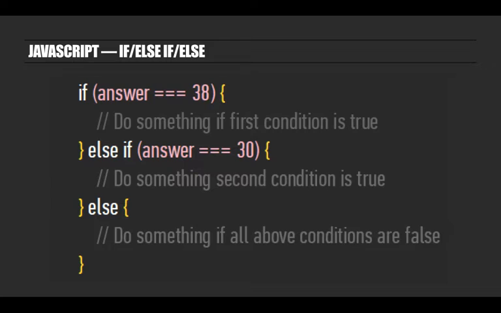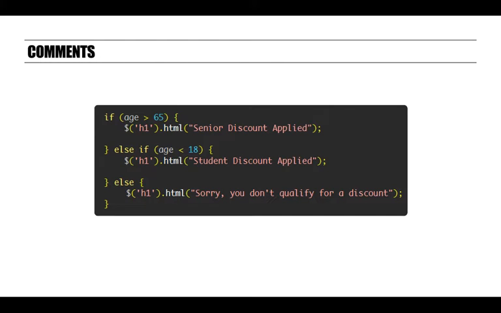So this is going to be your catch-all if these two don't meet the requirement. So in this example, we're saying if they're younger than 18, we're going to apply a student discount. So we're adding this other piece of logic. And then otherwise, there's no discount for that person if they don't meet the senior discount or the student discount.